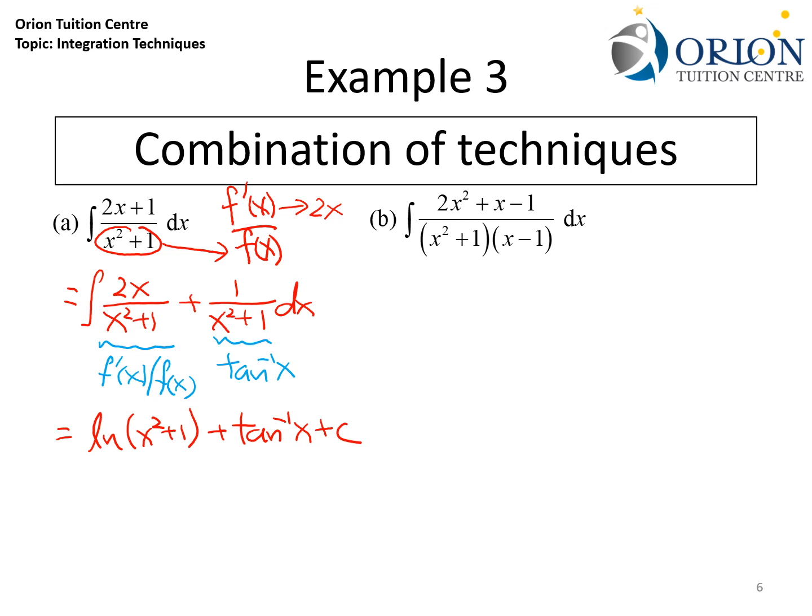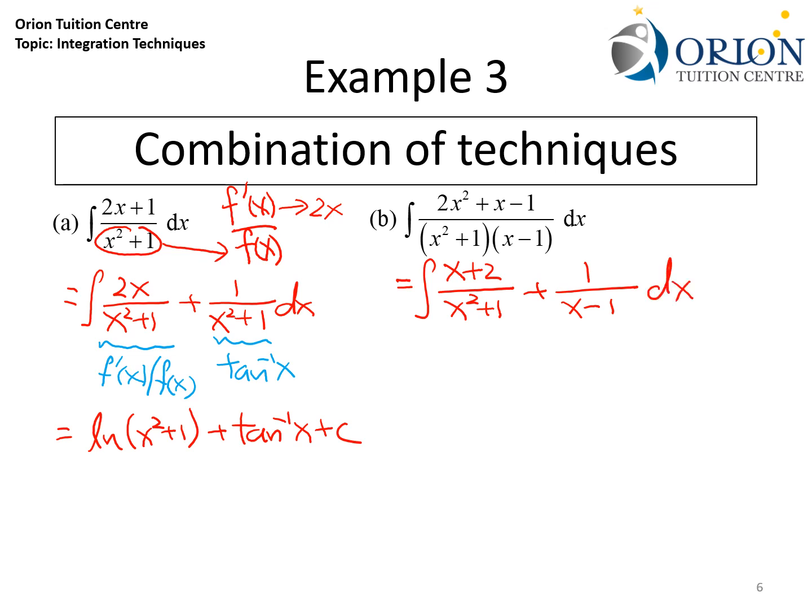Now in example B, we have a much bigger rational function, but the method to solve this integration is still the same. Let's first perform a partial fractions to split this term up into integration of x plus 2 over x squared plus 1 plus 1 over x minus 1 dx.